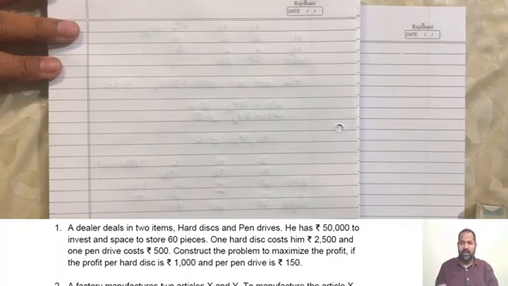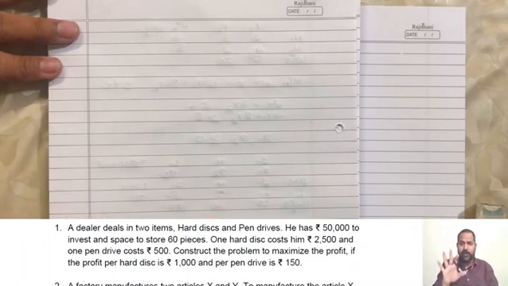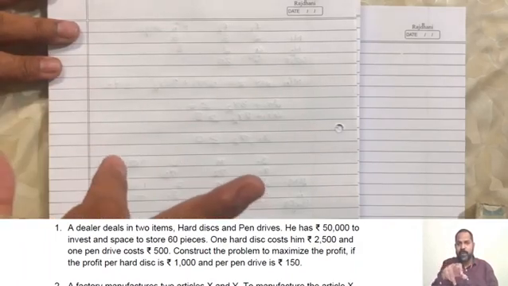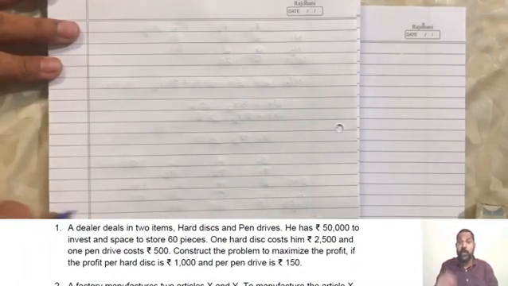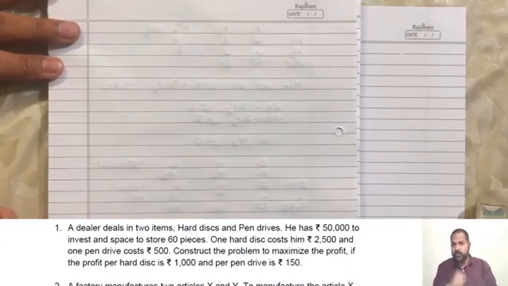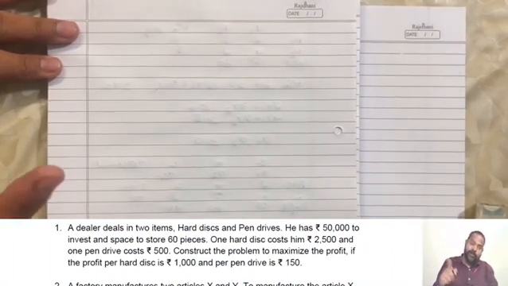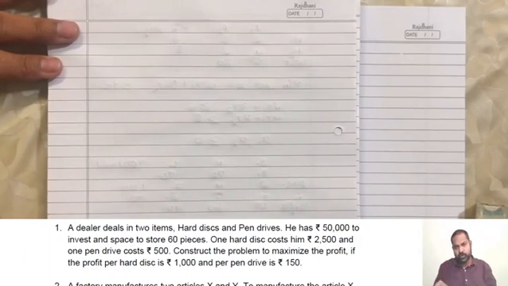Cost is given and they are asking you to maximize profit. One minute. If the profit per hard disk is 1,000 and pen drive is 150, so profit is also given and cost is also given. This is confusing. I cannot have an objective function where the objective is minimization and maximization also.